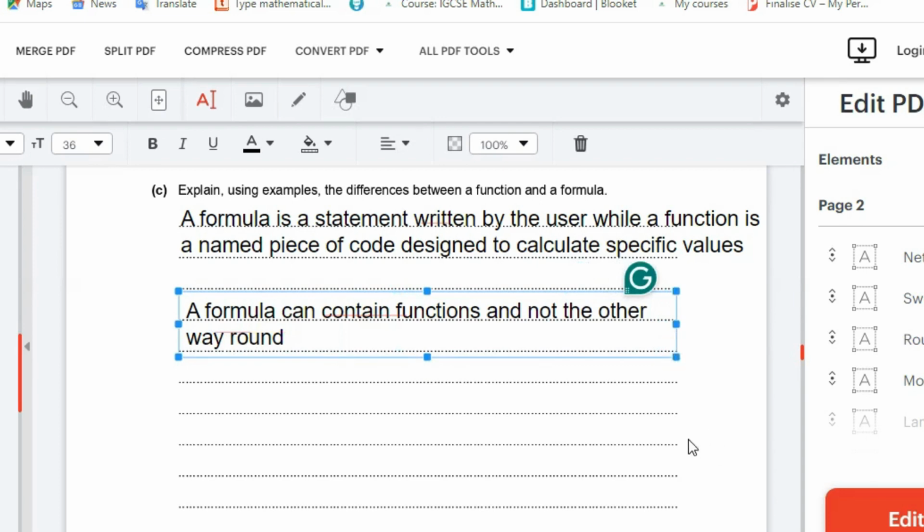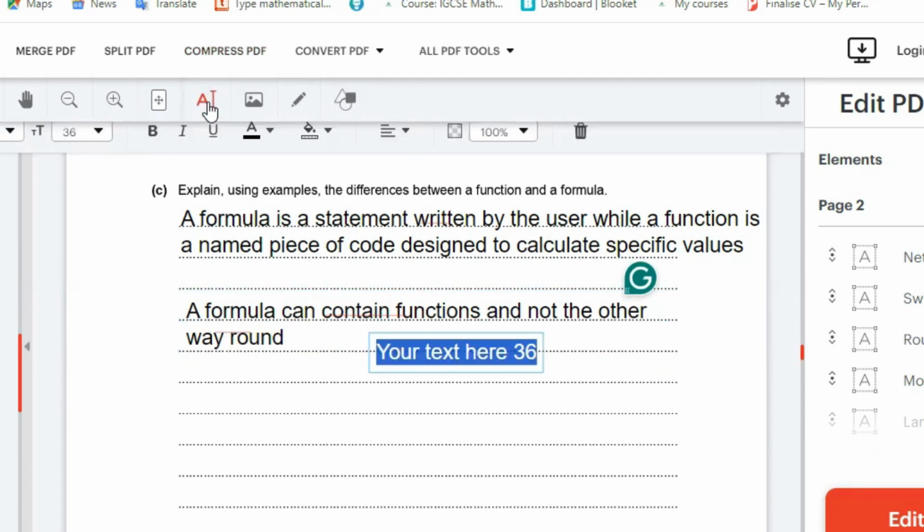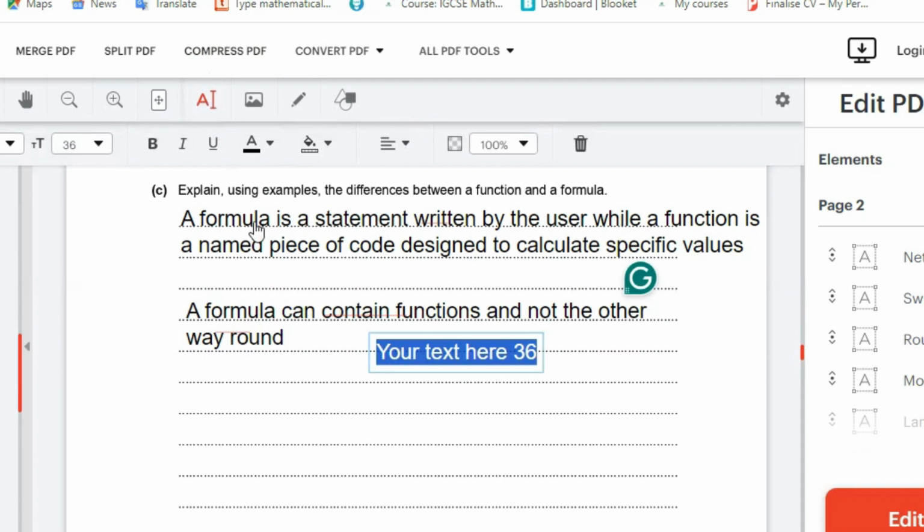So let's give an example of a formula and an example of a function. Example of a formula. This is an example of a formula.